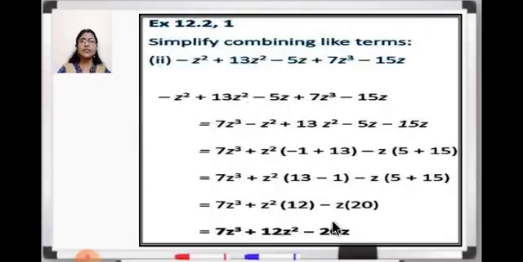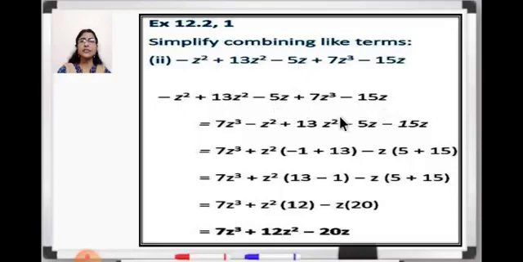Now next question, question number 2 of exercise 12.2. Second part of first question: minus z square plus 13z square minus 5z plus 7z cube minus 15z. So here again you have to simplify combining like terms. So again we'll bring the like terms together. You can see here minus z square, and then these two are like terms, plus 13z square, and then we will write minus 5z.